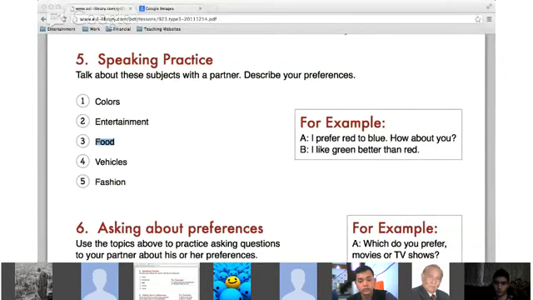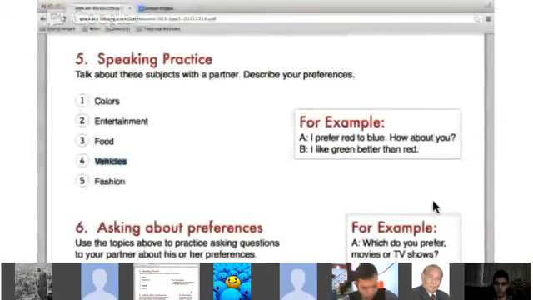And last one for Hajul. Hajul, let's go to vehicles. Would you rather ride a motorcycle or ride in a car? I would rather ride a car than a motorcycle. Okay, excellent. All right, you guys, nice job.